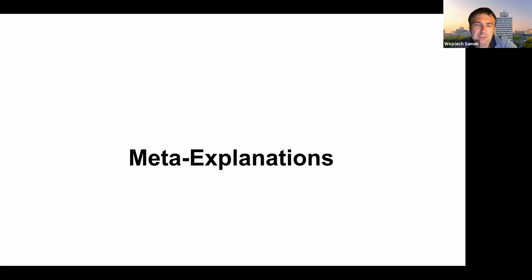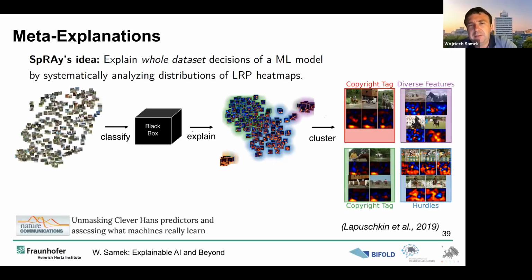And you can even go beyond. You can try to aggregate these explanations. So assume you have a data set. You could explain every sample and then try to cluster the explanations, try to identify some structure in the heat maps. And you see in this example that there are some prototypical strategies of the model to classify the horses.